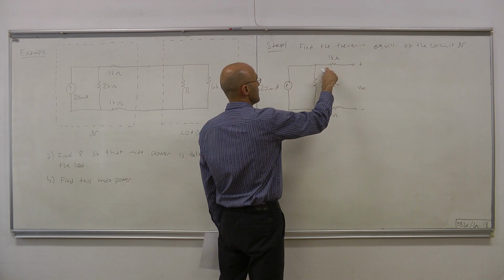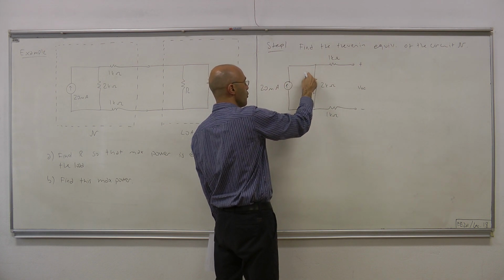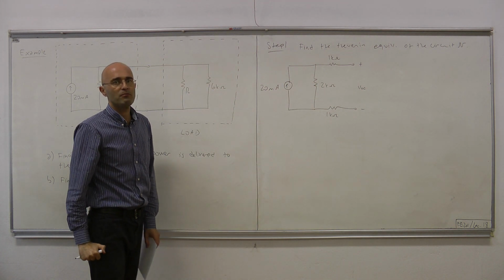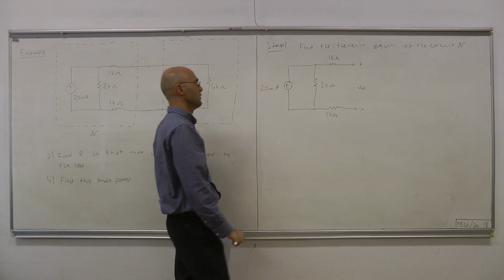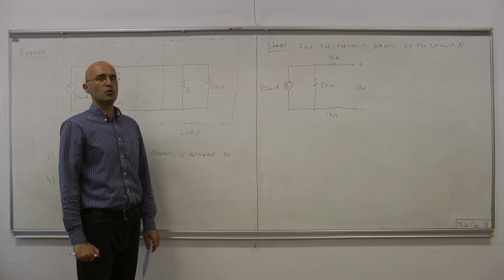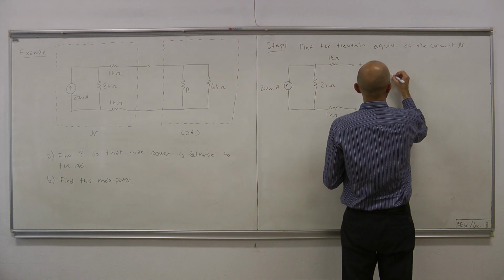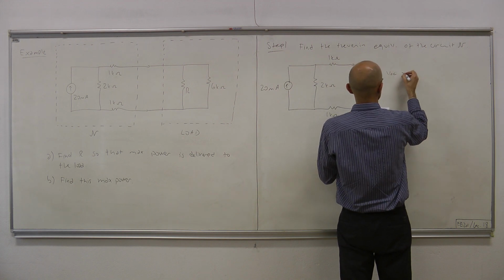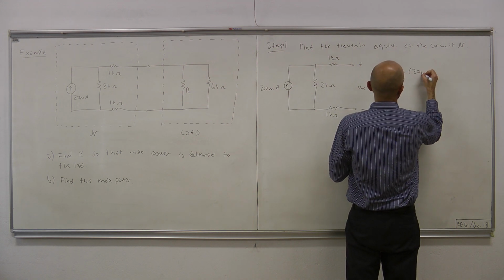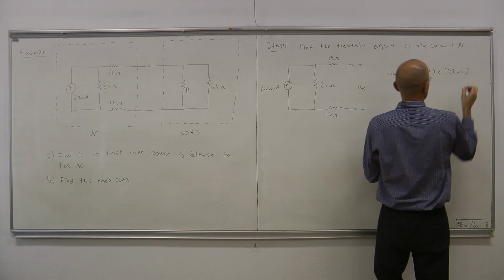Since it's open circuit, no current escapes here, so all this current is flowing over the 2K ohm resistor, and that generates 20 milliamps times 2 kilo ohms equals 40 volts. So V_OC, the open circuit voltage, equals 20 milliamps times 2 kilo ohms.